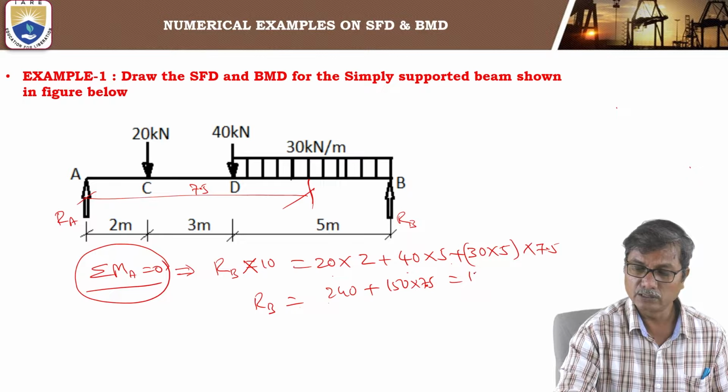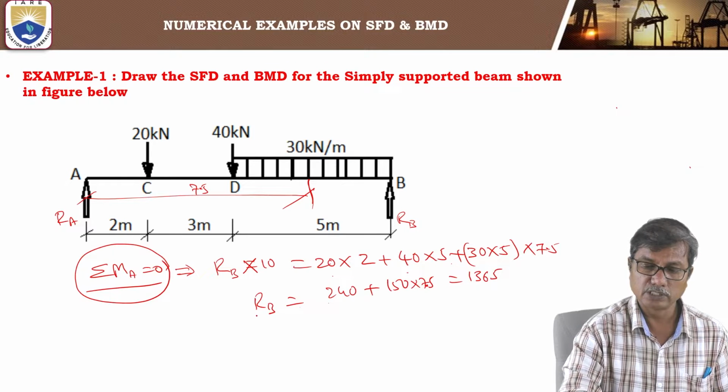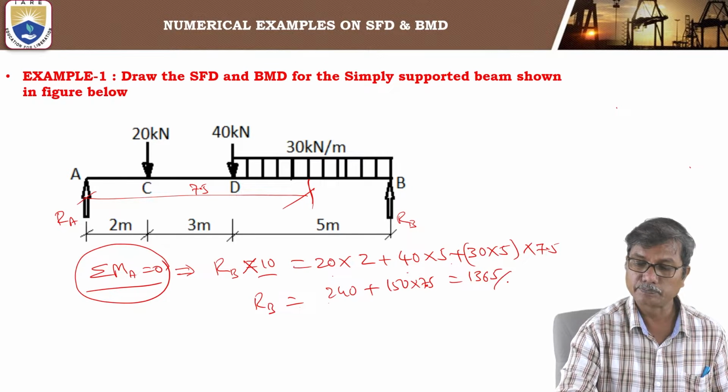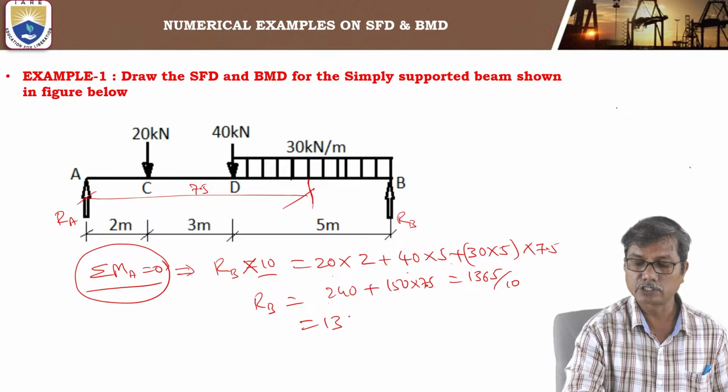So 1365 divided by 10. So RB is 136.5 kilonewtons.